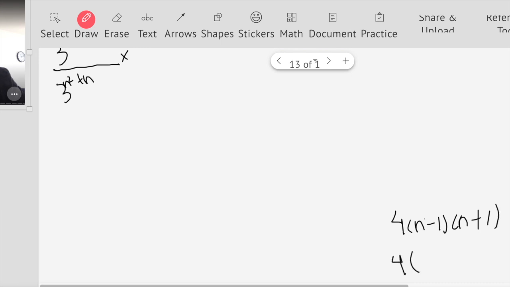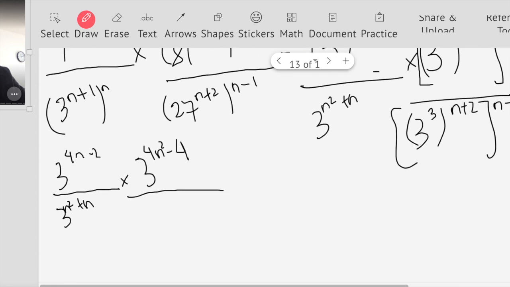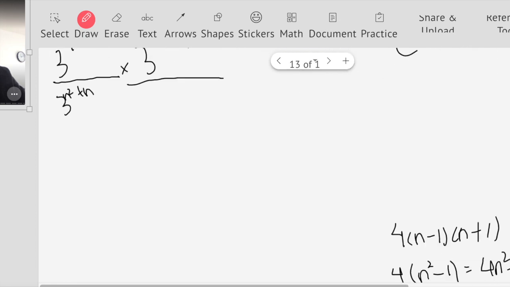So we know that this is the difference of squares, so n squared minus 1, and then we get 4n squared minus 4. And then lastly, we have same deal here. Oh no, this is not the difference of squares. 3 times n plus 2 times n minus 1.